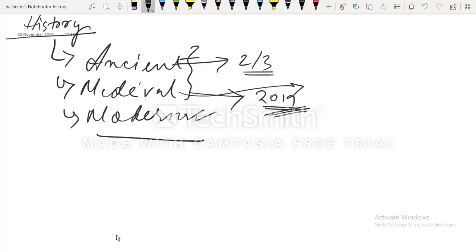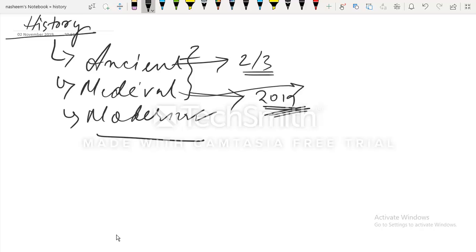So far we have been disrespecting, I would say, the medieval portion. Most UPSC aspirants tend to give away medieval. I myself always used to.